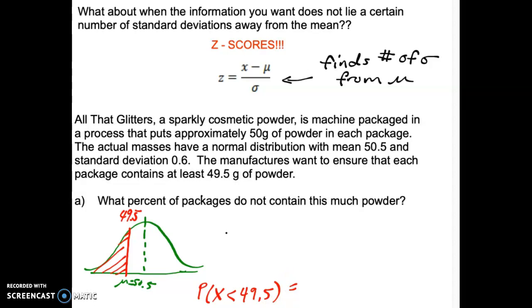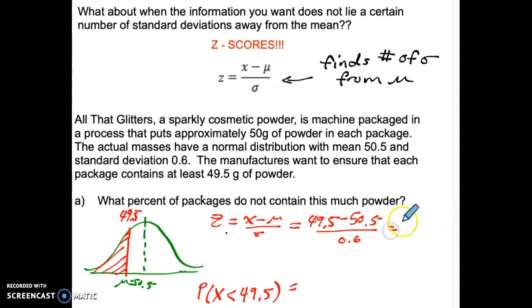So step 1 here is going to be to find the z-score. So we do x minus mu divided by sigma. Our x here is 49.5. We subtract our mean and we divide by our sigma.